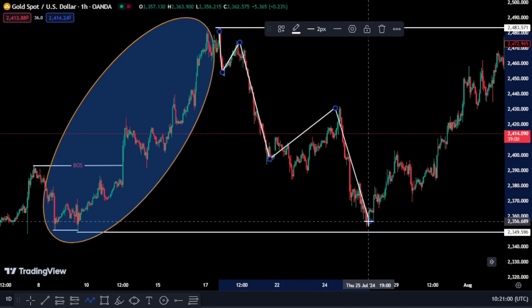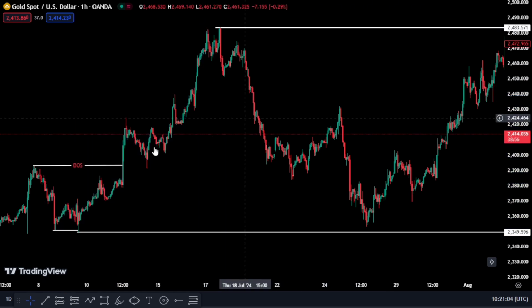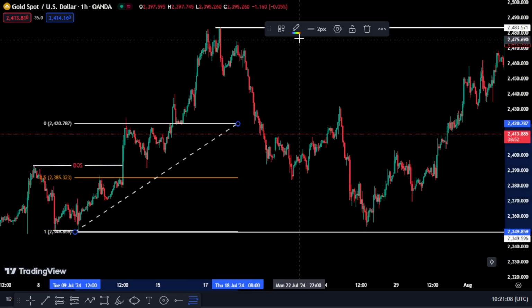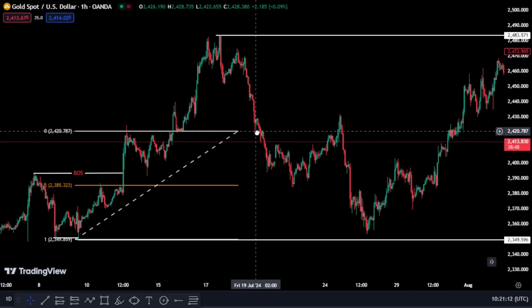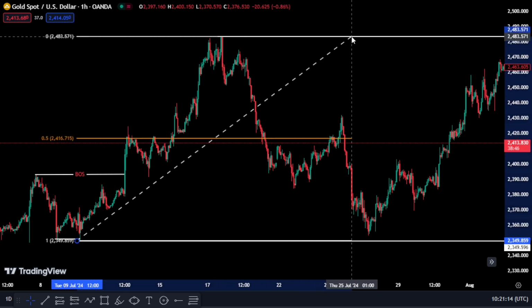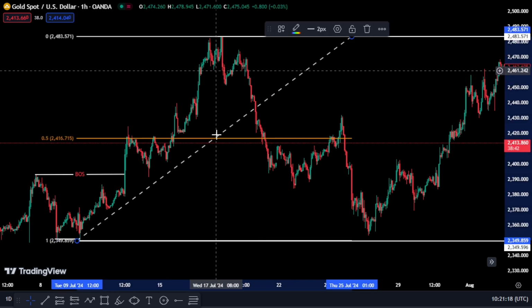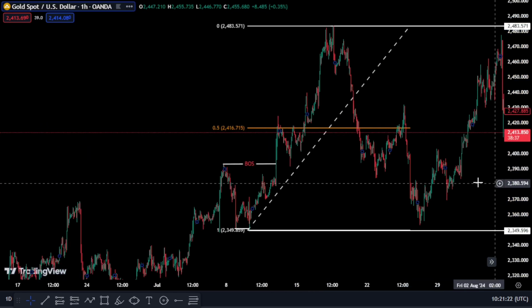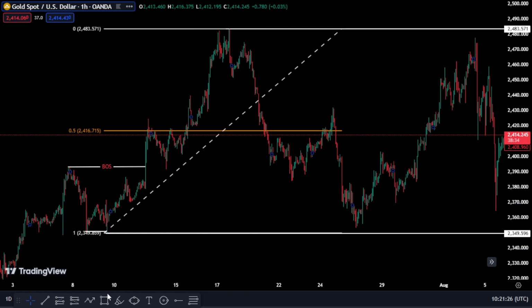Now there's something to do here. Like I explained in the previous method, after you have determined those, you pick your Fibonacci. You want a key level where you'll be interested in taking your buys or sells, from the swing low to the swing high. The next step is to determine your premium and then your discount.